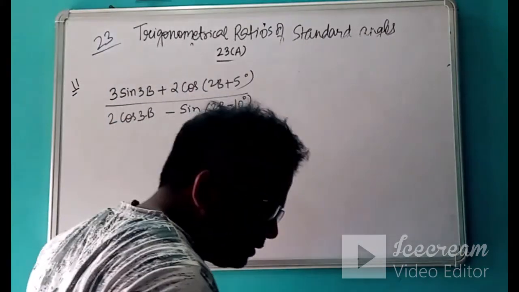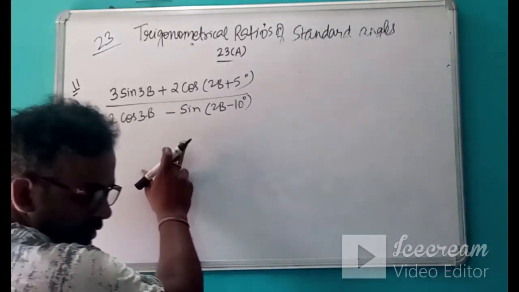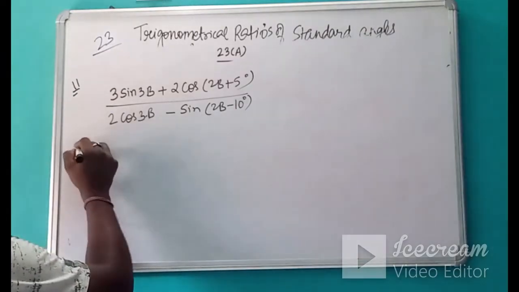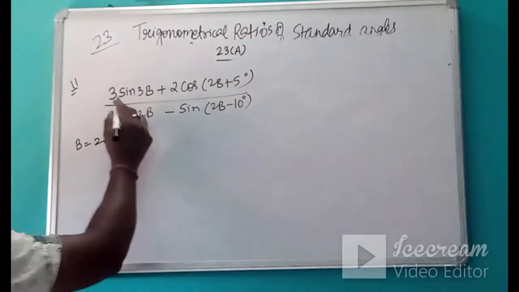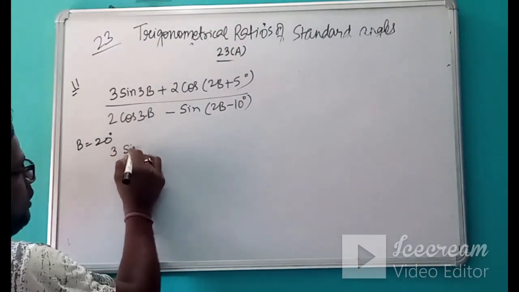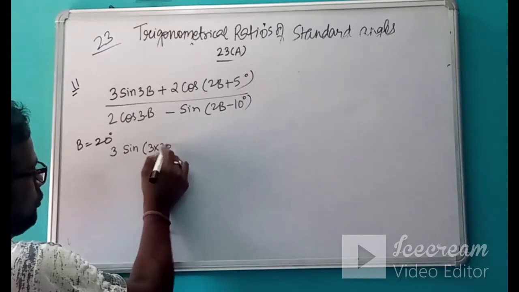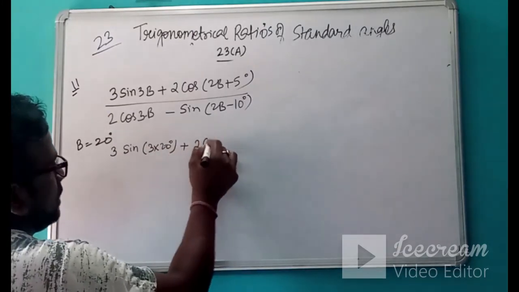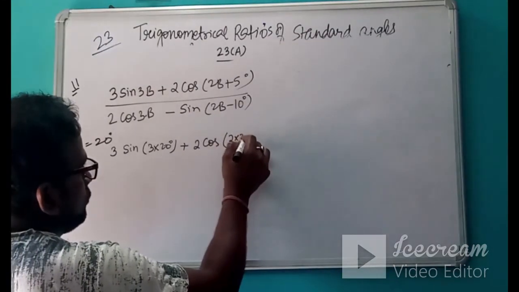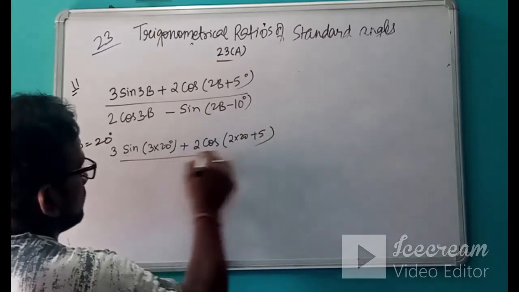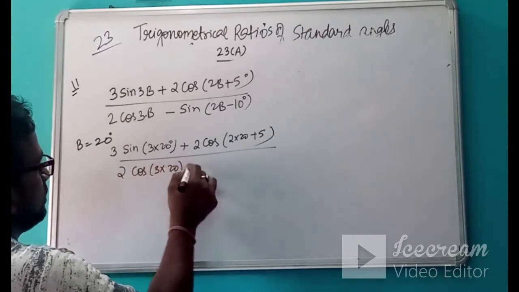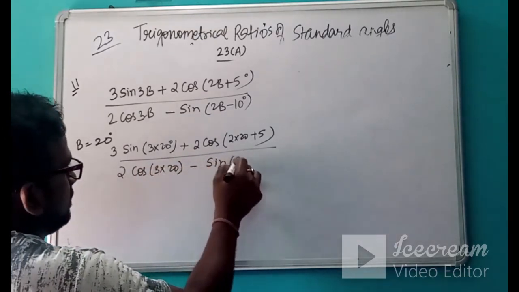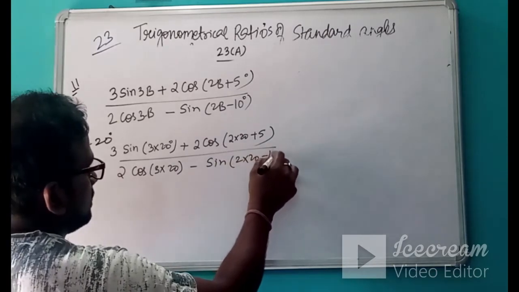Okay, let's see one more question, question number 11. In this we have to find the value of this expression when b is equal to 20 degrees. So what we will do, first we will put the value of b, that is 3 sin 2 into 20 plus 2 cos 2 into 20 plus 5, then 2 cos 3 into 20 minus sin 2 into 20 minus 10.